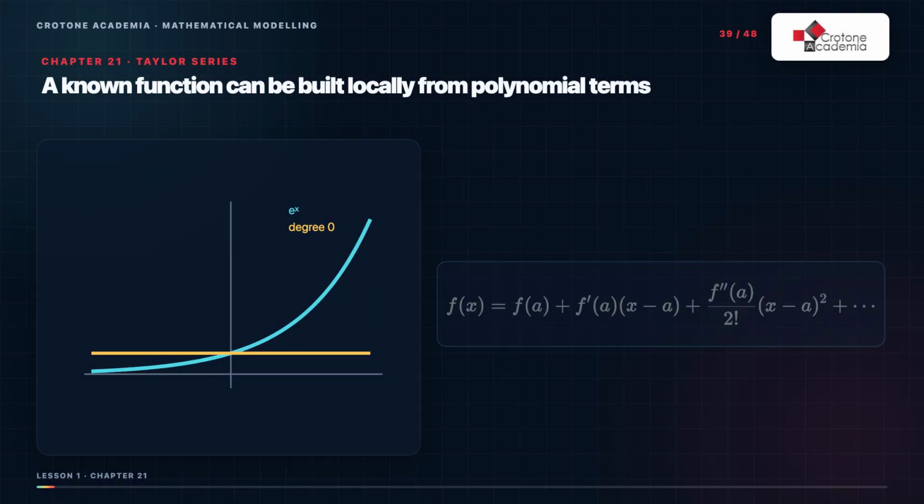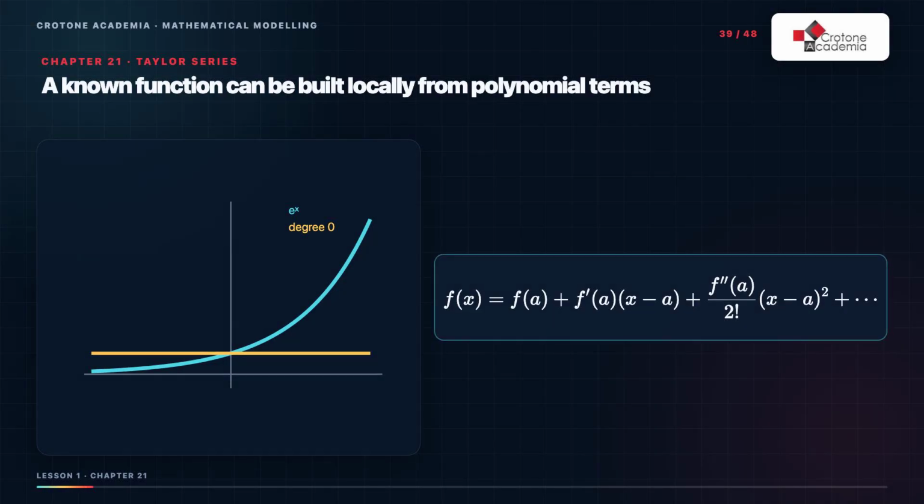The weighted building block idea already appears in Taylor series. Near a point a, a sufficiently well-behaved known function can be represented or approximated using the building blocks 1, x minus a, (x minus a) squared, and higher powers. The corresponding weights come from the function value and derivatives at a divided by factorial terms.